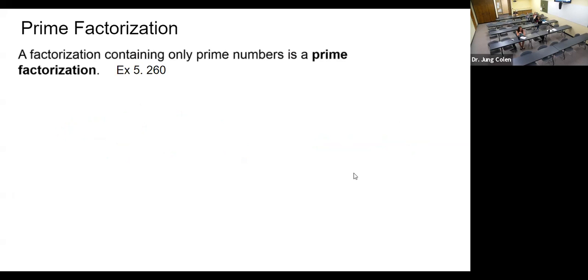So how about this one? Prime factorization. Do you guys remember that you did this in high school? Yes. It's been a while, so you might have forgotten. So let's talk about prime factorization.